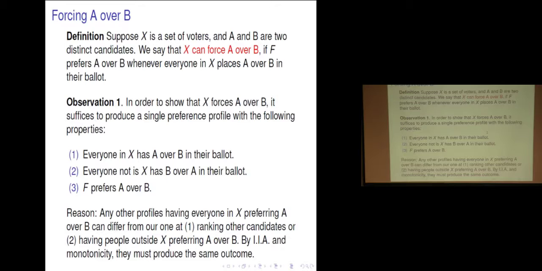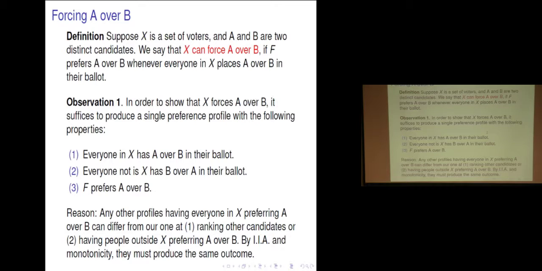Now we make an observation. The observation is long, but this is crucial in our proof. The observation says this: in order to show X forces A over B, we only need to produce a single preference profile with the following properties.